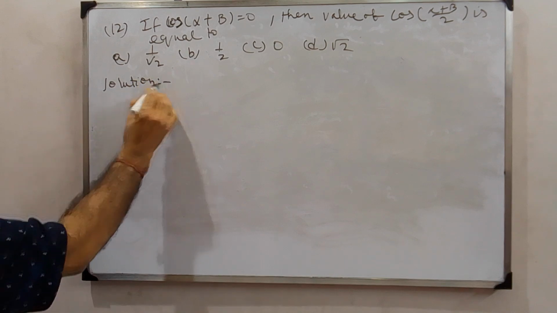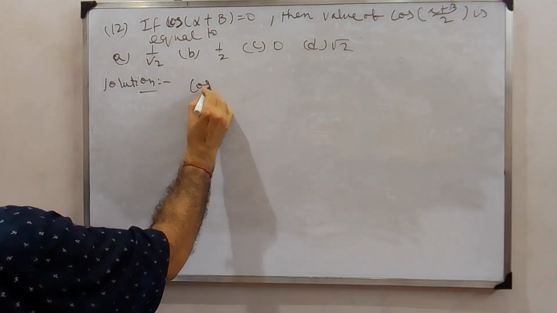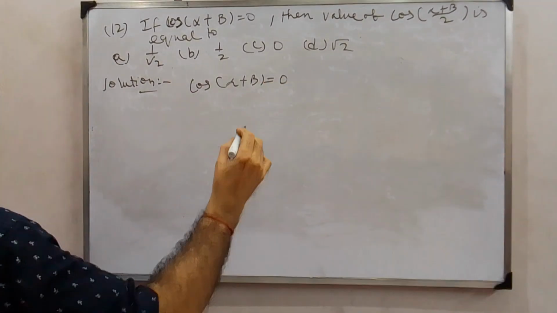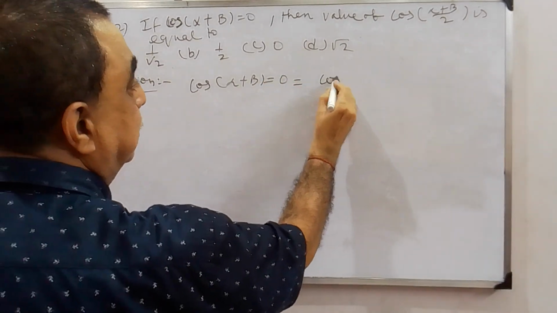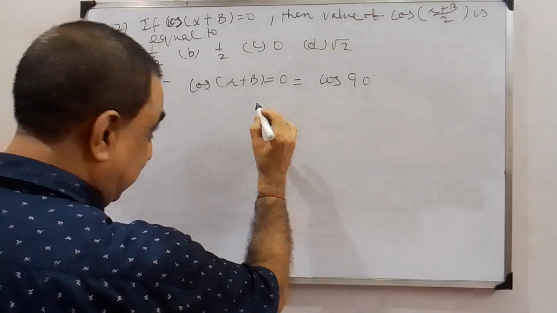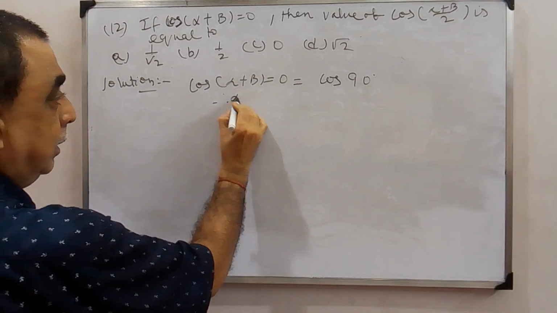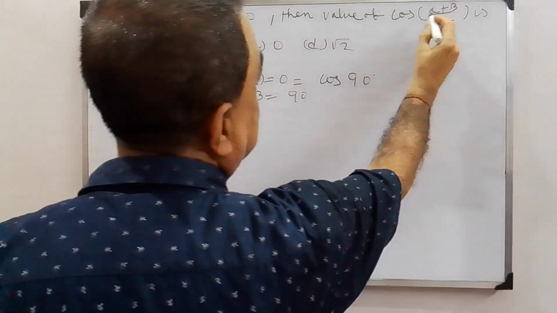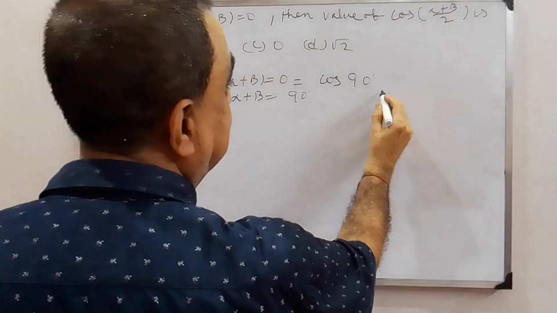The value of cos (alpha plus beta) is given as 0, and we know 0 is the value of cos 90 degrees. So equate it with 90 degrees, so alpha plus beta is 90 degrees. Now we have to find cos of (alpha plus beta) divided by 2.